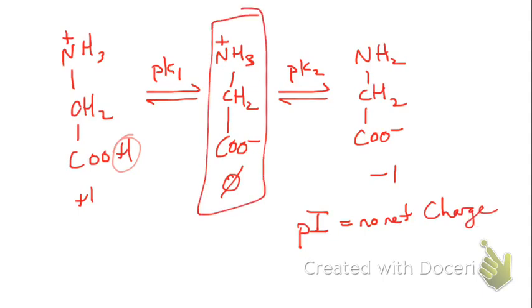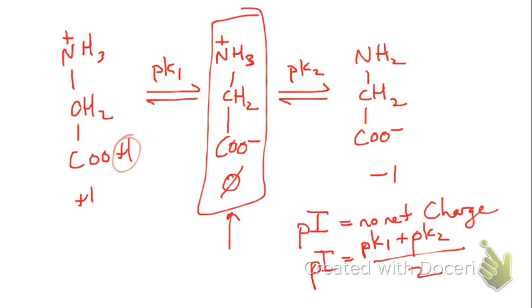Right there. And so when there's no net charge, what you can do to find the pI is take pK1 plus pK2 divided by 2. Now these pKs will surround the 0 charged state.